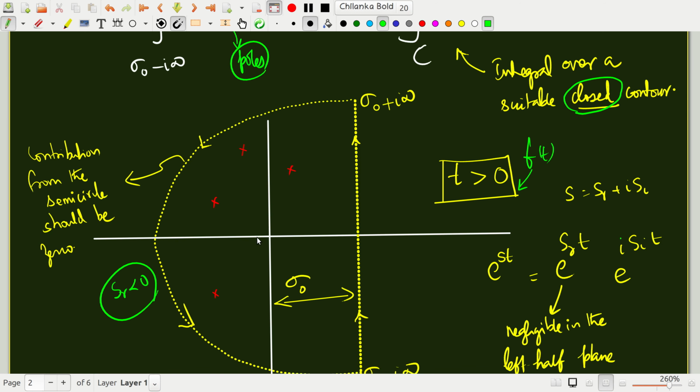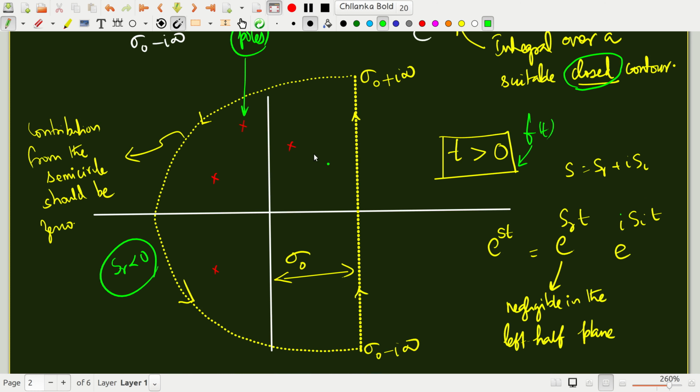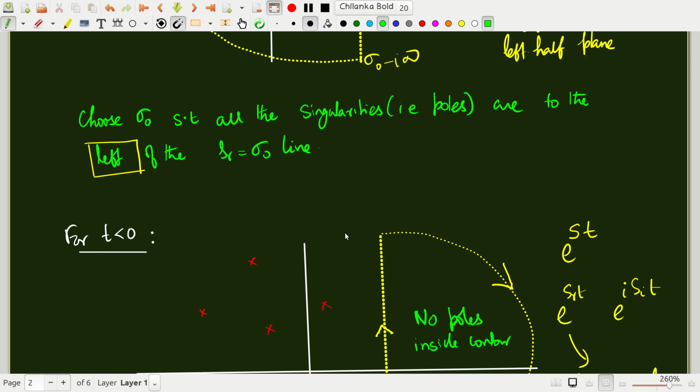So, choose sigma naught such that all the singularities or poles are to the left of the s_r equals sigma naught line.